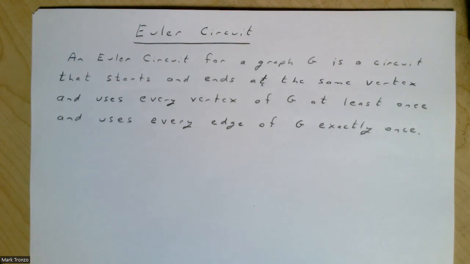So that's the definition of an Euler circuit. It starts and ends at the same vertex, uses every vertex at least once, and every edge exactly once.